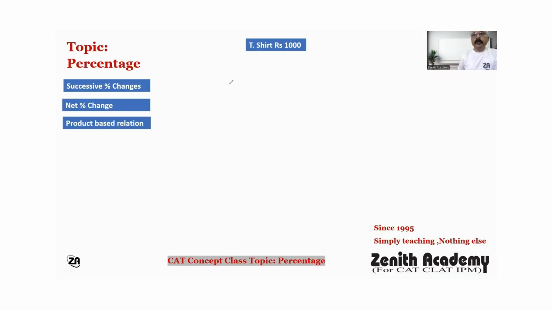Let us discuss some important questions related to this formula, X plus Y plus XY by 100. Suppose relations which are actually product based, like area is L into B. Here you can use this formula.